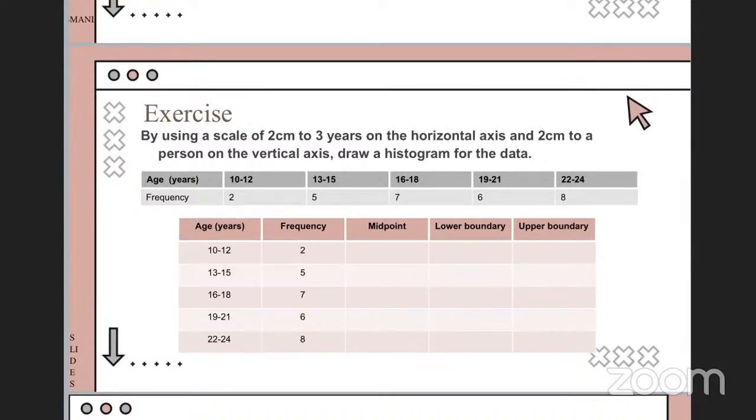So we're doing the same thing, finding the midpoint, lower boundary, and upper boundary, and I'll give you 4 minutes. I think you guys are quite fast. Just 3 minutes is enough. So just 3 minutes and finish the table for me, okay?